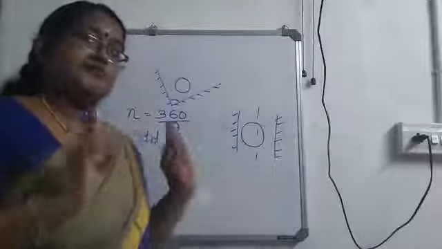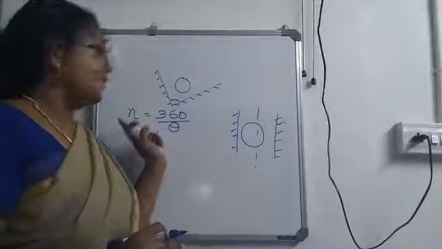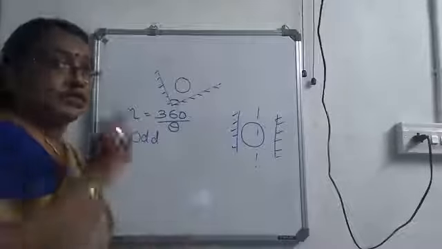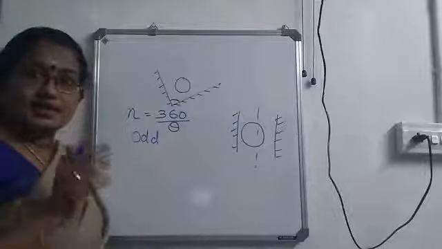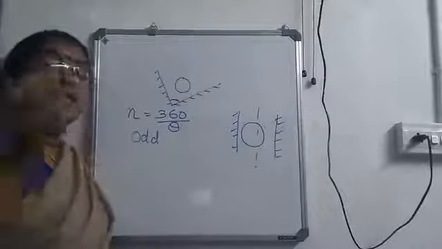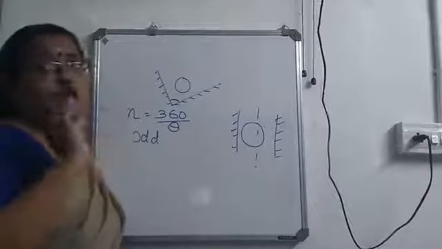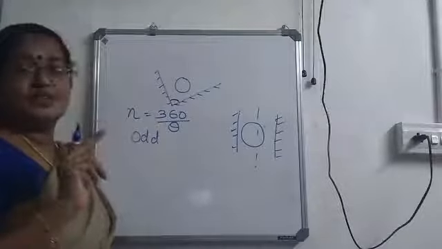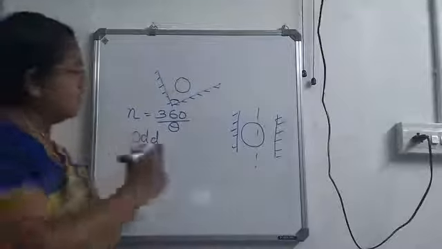So, first thing is just use this equation, n is equal to 360 by theta, and get the value of n. If the value of n is odd, what you have to do? You have to check whether the object is placed asymmetrically or symmetrically.